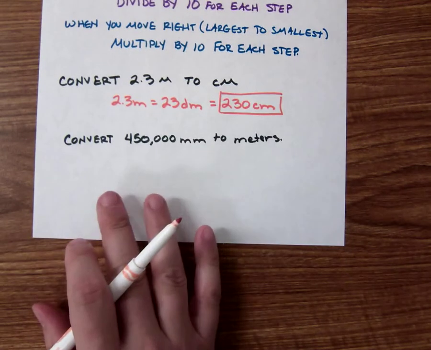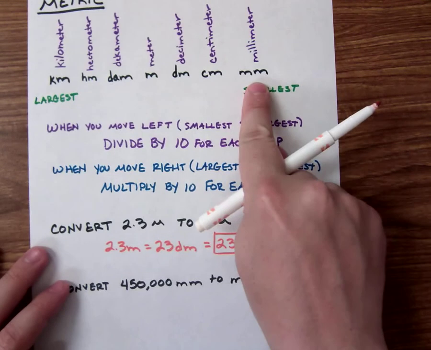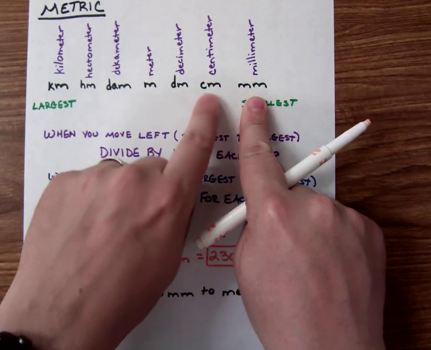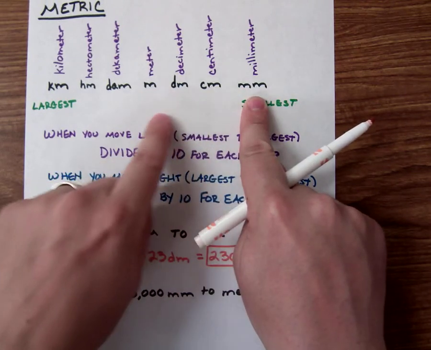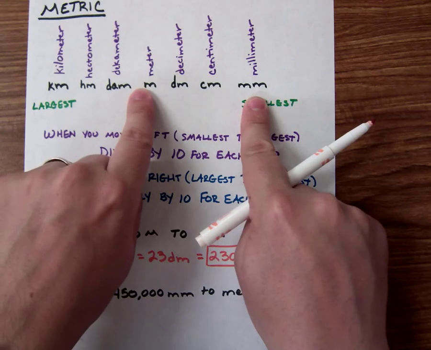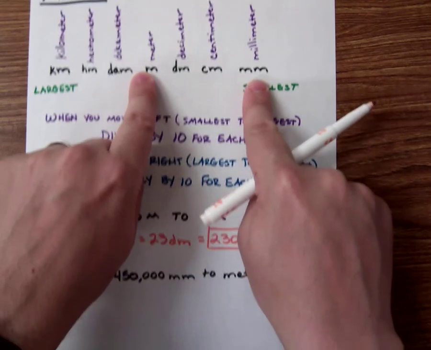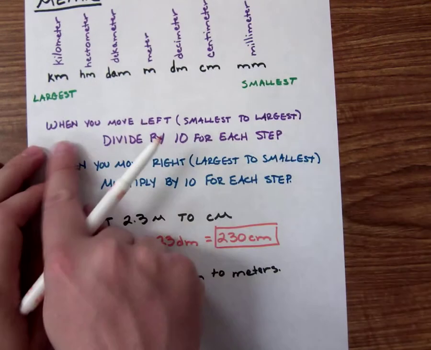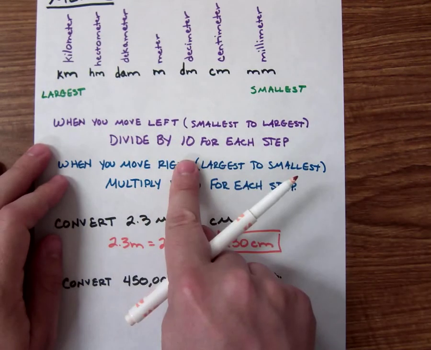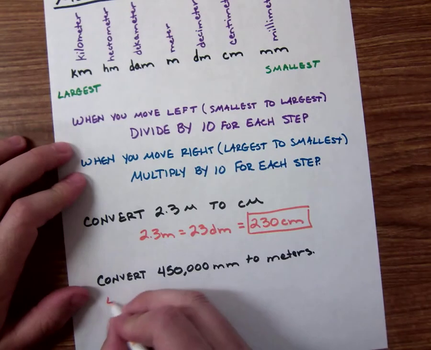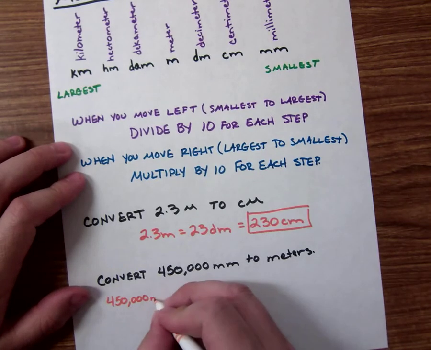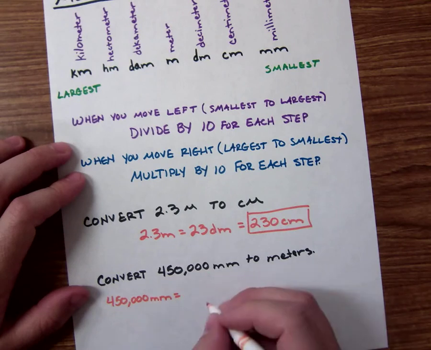Cool. Millimeters to meters. Okay, so here I am at millimeters. I want to get to meters. So let's count how many times I'm moving. 1, 2, 3. So I'm 3 times to the left. When you move left, you divide by 10 for each step. So I've got my 450,000 millimeters. If I divide that by 10, what do I get?